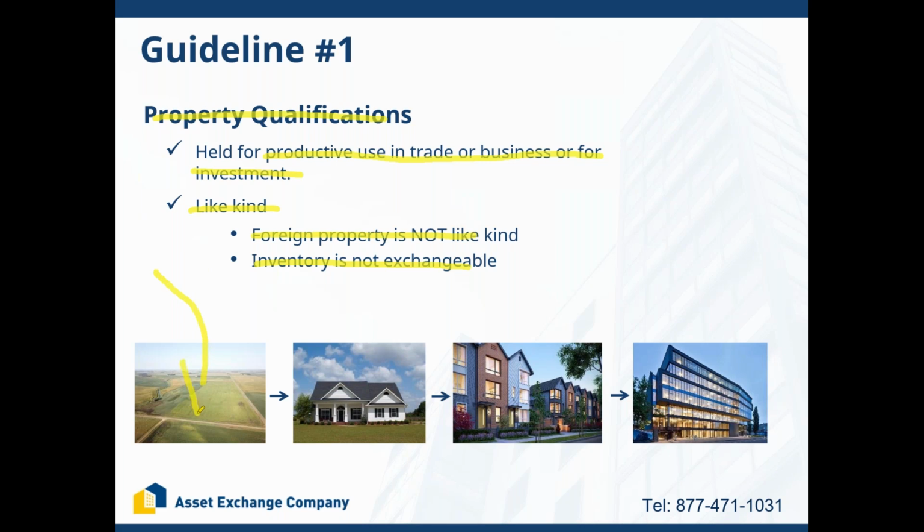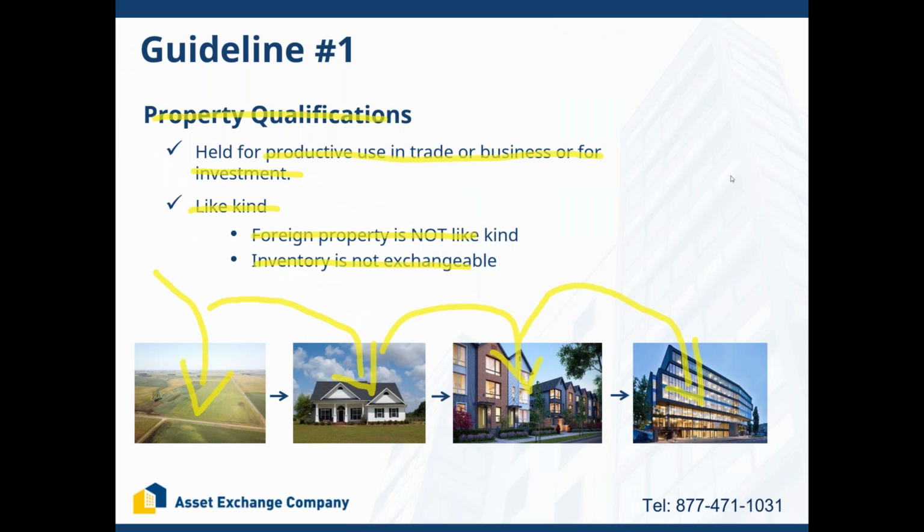So you can sell land in Fresno and you can buy a rental home in Texas to complete your exchange. You could sell that rental home in Texas and you can buy an apartment building in Missouri. You could sell the apartment building in Missouri and you can buy an office building in San Jose. You've got San Jose, California, okay? You've got a lot of flexibility. You can go into different types of real estate.